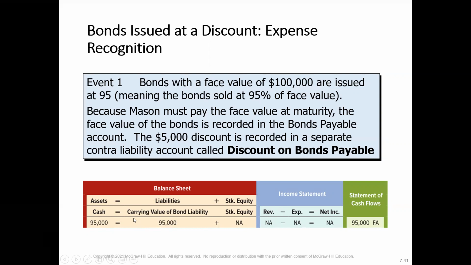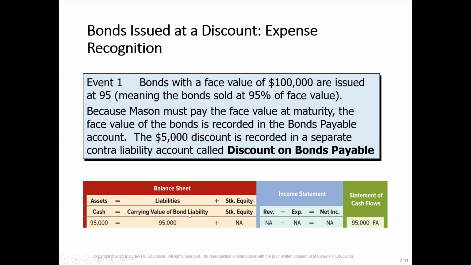So under the umbrella of carrying value of bond liability, there would be two separate accounts, and that would be the bond liability itself, the bonds payable, plus there would be an account called discount on bonds payable. So this approach is just showing the net result. But in reality, there are two accounts involved.